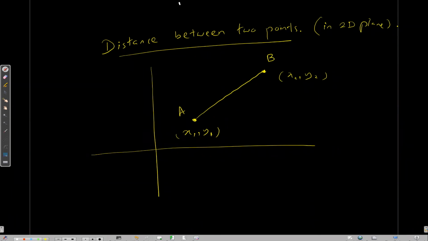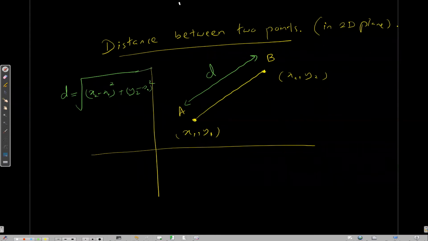Now, we are going to find this length. Let's call it D. So, D is size of AB. Actually, let me first give you the formula. D is going to be square root of x2 minus x1 squared plus y2 minus y1 squared, square root of it.